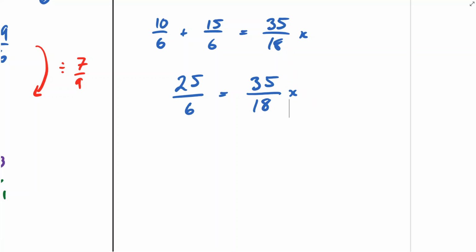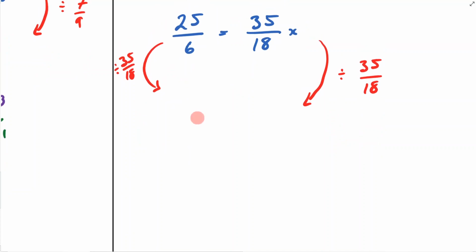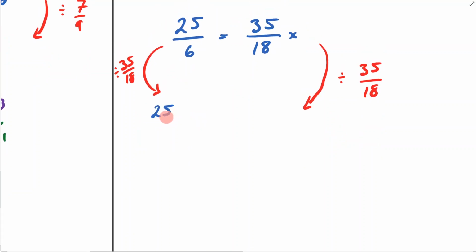And then once I've done that, I'm going to divide both sides by 35 on 18. So that means I'm going to be left with 25 on 6 divided by 35 on 18 is equal to x.